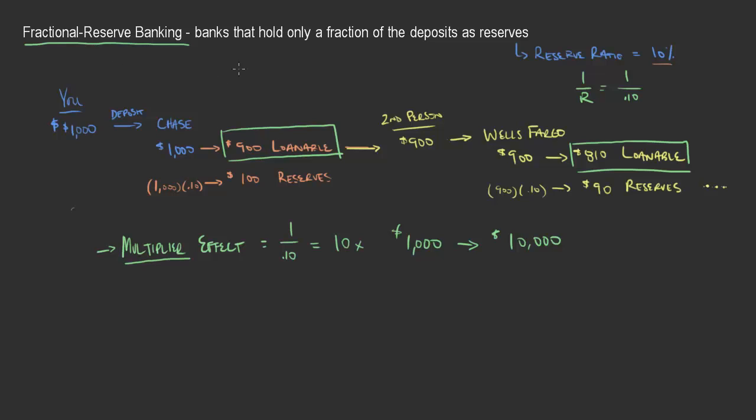This is the main key to banking here today, and hopefully this gives you a simple but good overview of the main keys that are going in here, the reserve ratio, the resulting multiplier effect, and how that can end up giving the economy a larger supply of money in the long run as a result of our savings and investment.